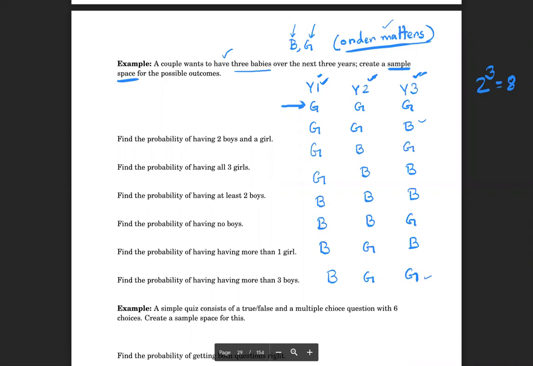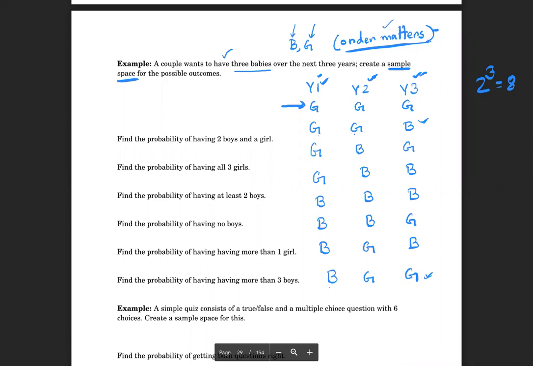So it could happen in multiple ways. But if order matters, then girl, girl, boy is an event by itself. Boy, girl, girl is another simple event by itself. So these individual events become simple events, and the collection of all the simple events is the sample space.